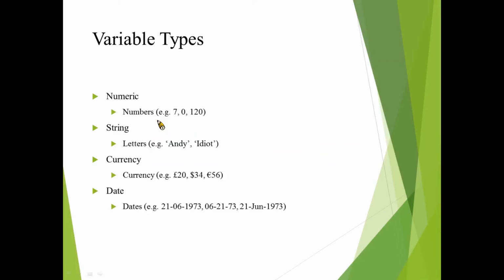Okay. So the variable types, we already talked about, and today we will talk about them clearly. Okay, numeric. This is a number, maybe an integer, or maybe a decimal. This is numeric. Okay, this is string, which is letters.